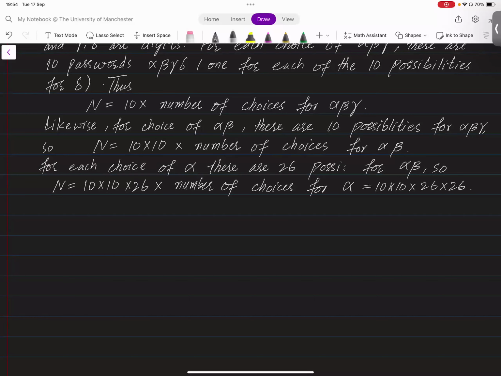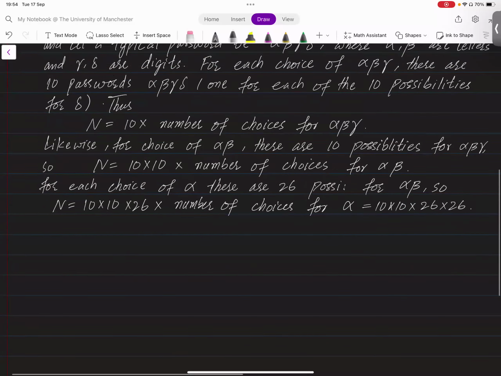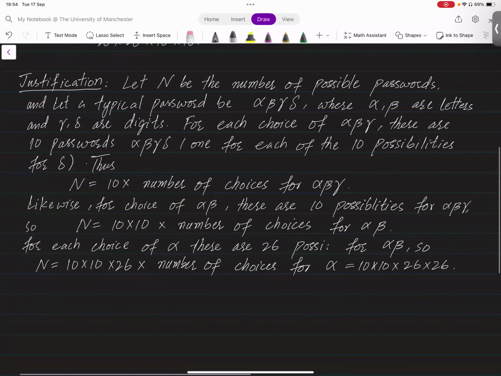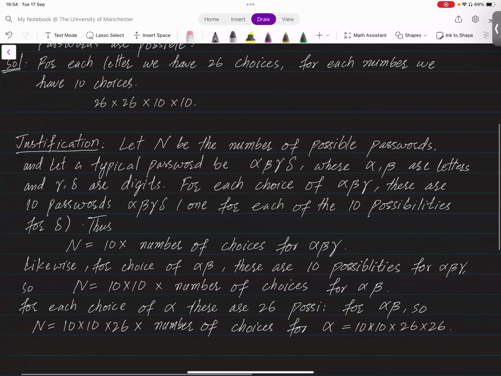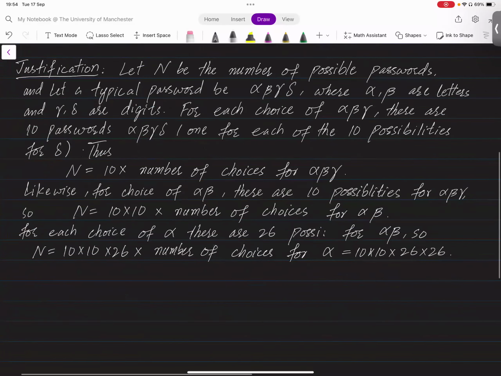This is how we come up with this answer.